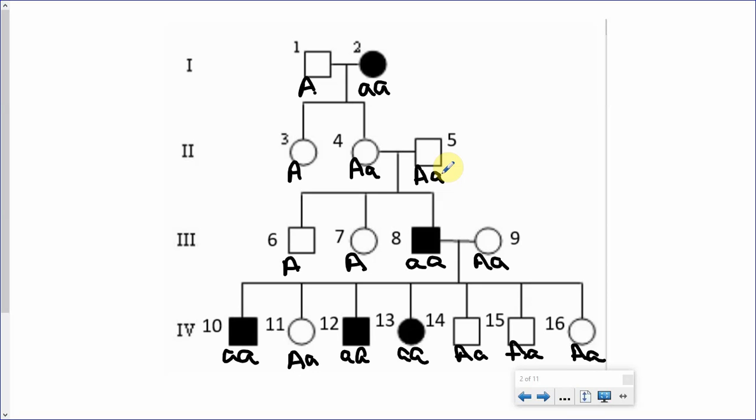Here's where you can be thrown for a loop, though. These two, we will not be able to figure out what their other letter is, because they could be big A, or they could be big A, little a. We don't know, because it wouldn't make a difference for how we fill in the box, and they wouldn't be showing the trait in either situation.